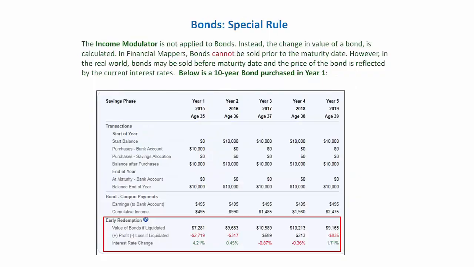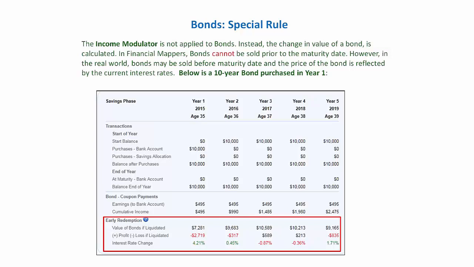There is a special rule for bonds. When the income modulator is activated, the income for bonds is not changed. Instead, the program will calculate in each bond account the effect on the value of the bond should interest rates change. Financial Mappers does not allow the investor to sell bonds before the maturity date, which is not the case in the real world.